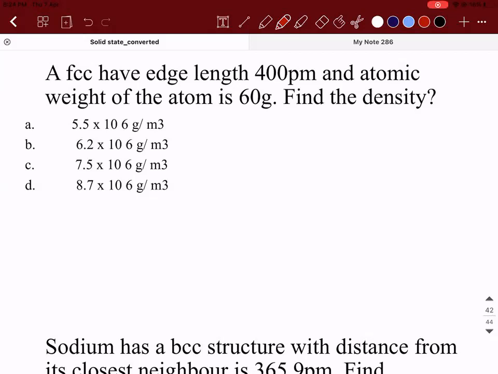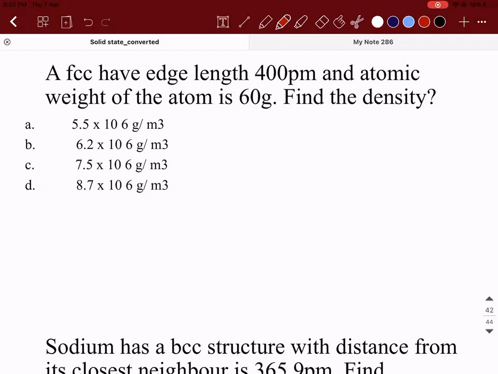The edge length is given as 400. So Z into molecular mass, which is 60 gram, divided by edge length cubed into the Avogadro number, 6.023 into 10 to the power 23. Just take 6 into 10 to the power 23, that's enough. But your answer is required in meter cube.